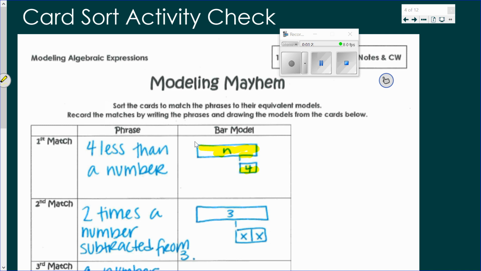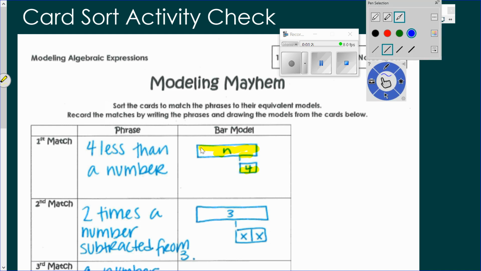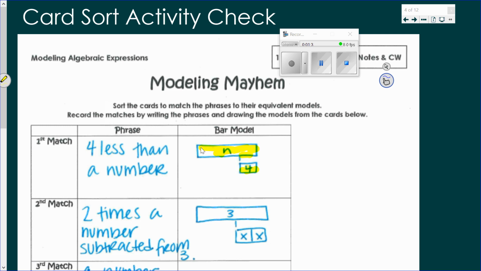So the correct expression was 4 less than a number. And if we wanted to make that look all mathy and actually put some numbers down, underneath where it says first match, I want you to write N minus 4.